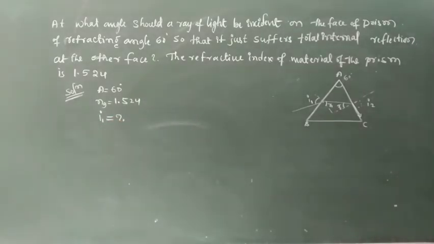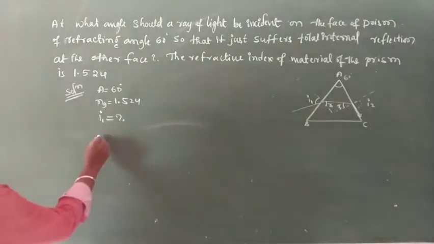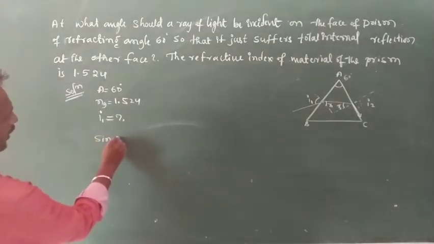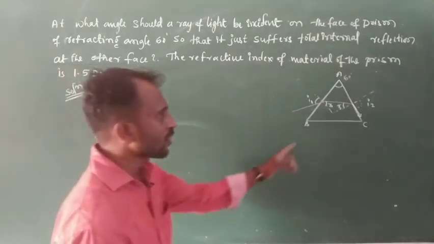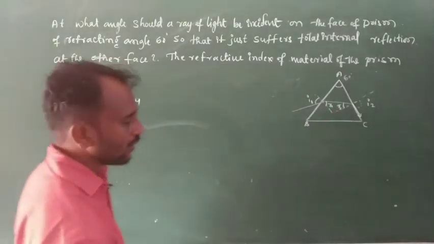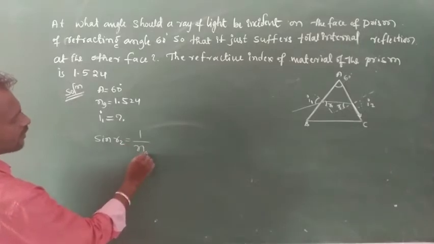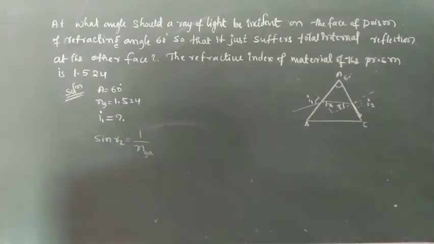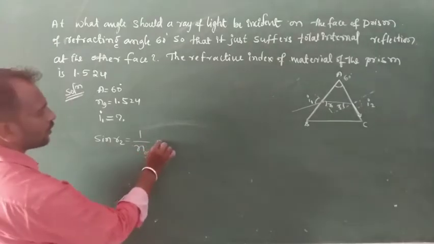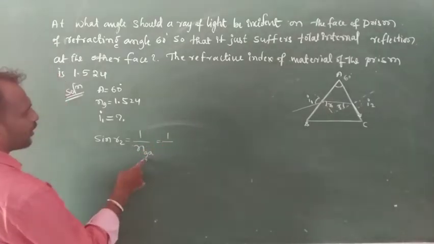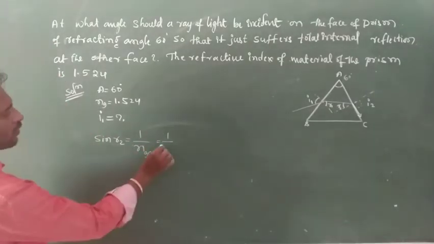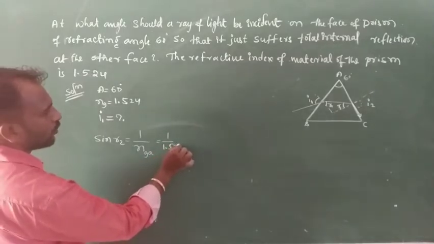So here one formula is there: sin R2 is equal to 1 by refractive index of glass with respect to air. So here, 1 divided by the refractive index of glass with respect to air, 1.524.